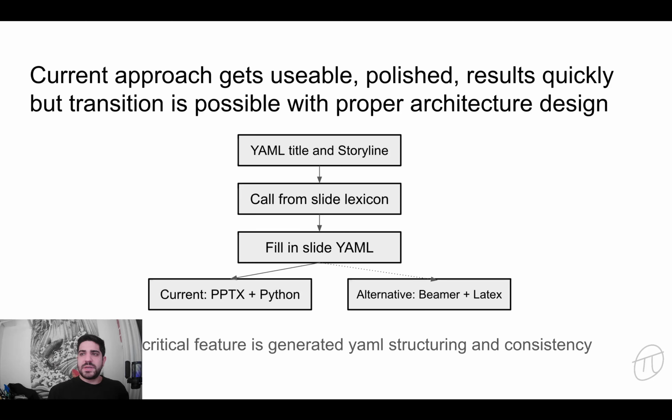But this combination of the storyline to the lexicon to filling in each YAML piece will allow me to output to different kinds of things for the first pass, and especially since this is just part of a broader project, I'm really hoping to get it right the first time, and it seems like using PowerPoint, the PPTX, and Python combination is edging out over the Beamer and LaTeX one, but it will be possible to use either one depending on your needs.